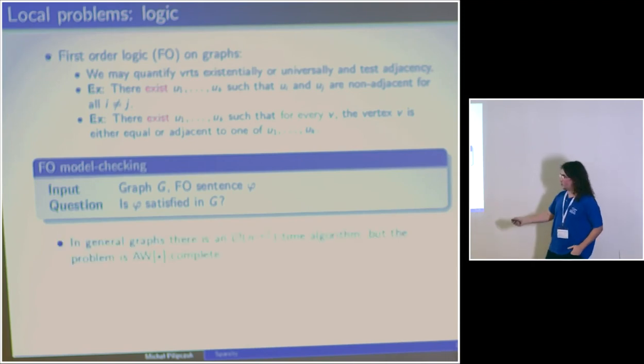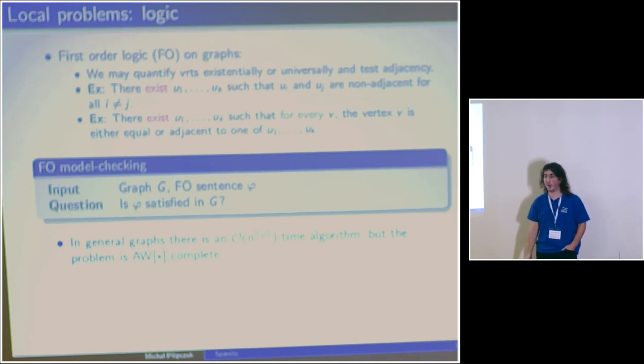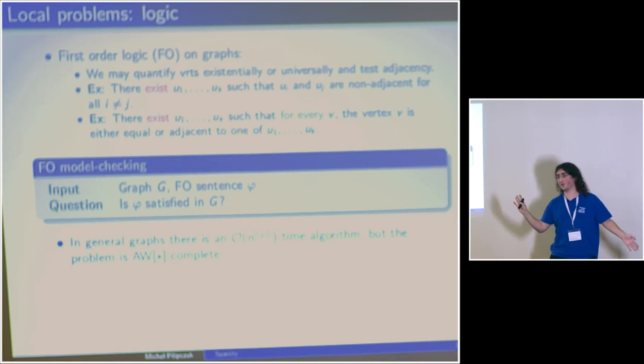So in general graphs, you can easily see that there's an XP algorithm for this, parameterized by the length of the sentence, because you just brute force. Whenever you say there exists a vertex, you branch into all vertices. Whenever you say for all vertices, you branch over all vertices. However, this problem is super hard from the point of view of parameterized complexity. It is AW[*]-complete, whatever it means.